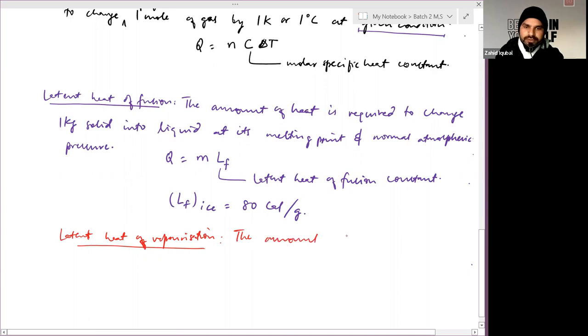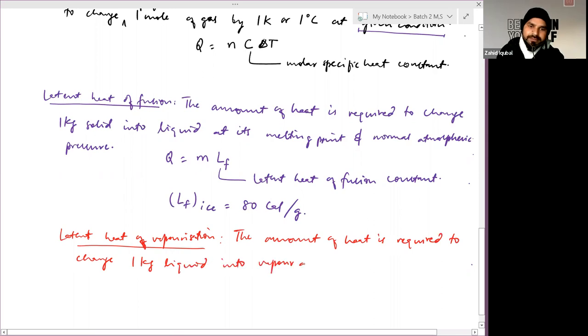The amount of heat required to change 1 kg liquid into vapor at its boiling point and normal atmospheric pressure.